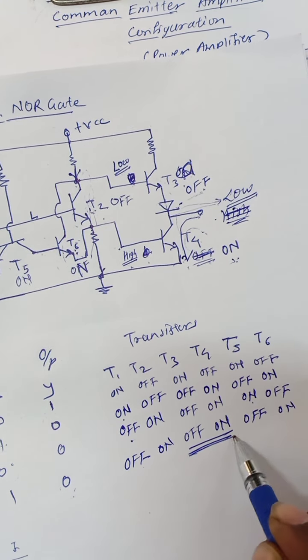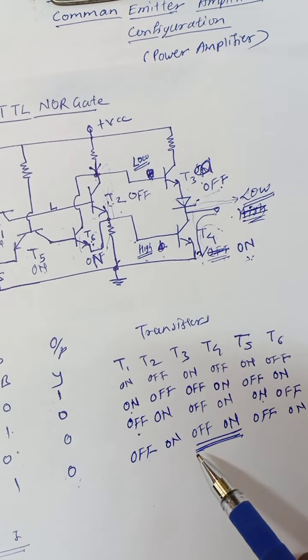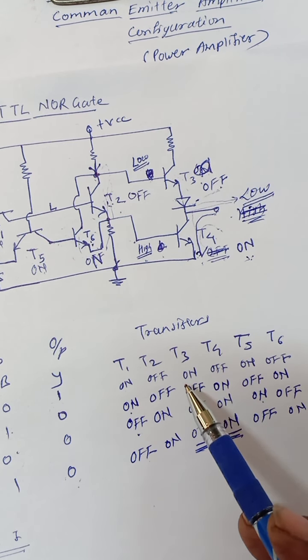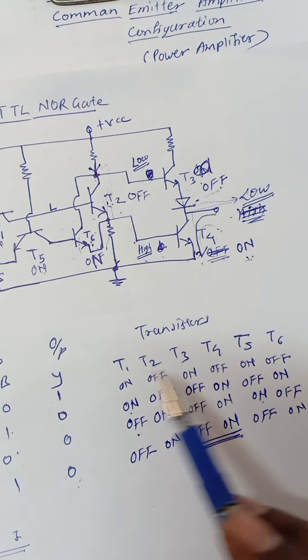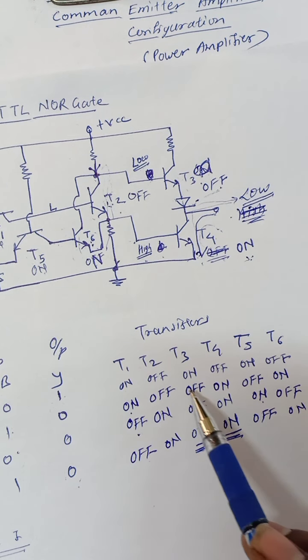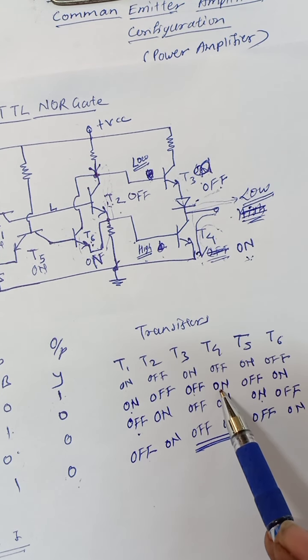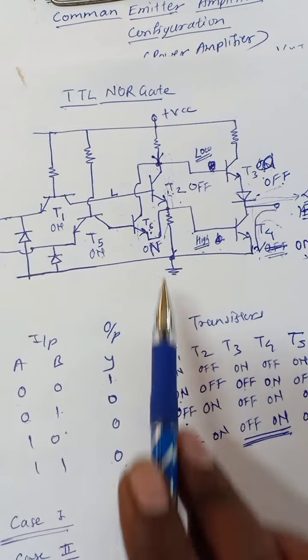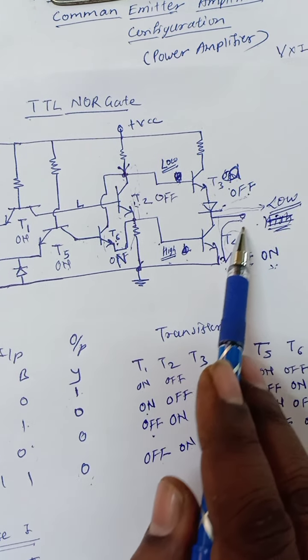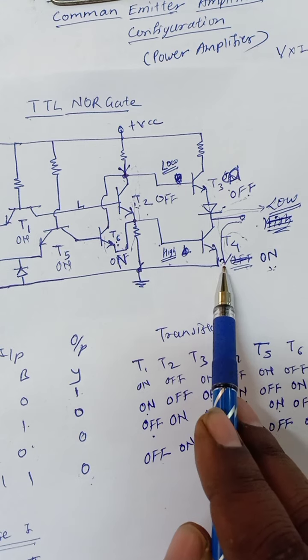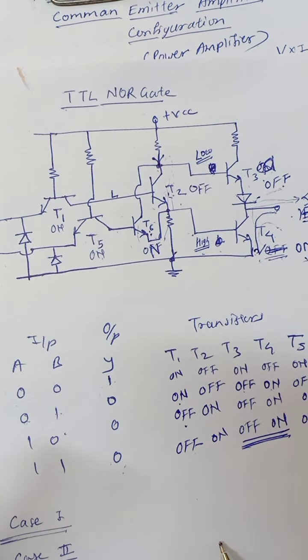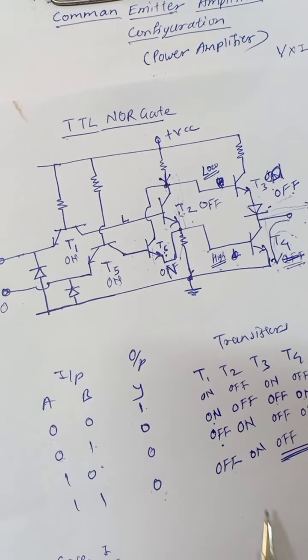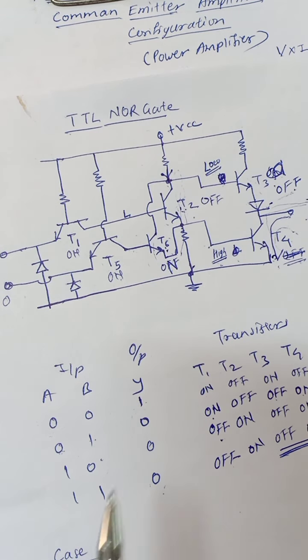So these two states define the output. For the first on and off condition, when T3 is off and T4 is on, it remains the same and we get the output voltage 0, because as T4 turns on, the voltage drops to 0 through this transistor. Okay, so this is a TTL NOR gate.